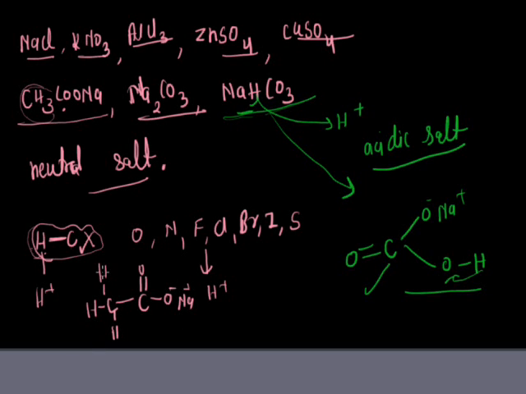So you can see that in this structure, these 3 hydrogens are bonded with the carbon atom. So that's why they are not involved in the acidic character. So we can say that the 3 H are not responsible for the acidic character. So it's a neutral salt. And this sodium bicarbonate has H plus, since it is bonded with the oxygen atom. So it's an acidic salt.